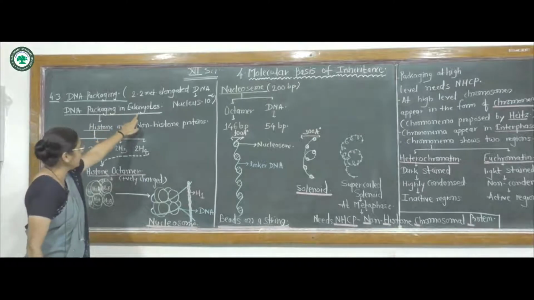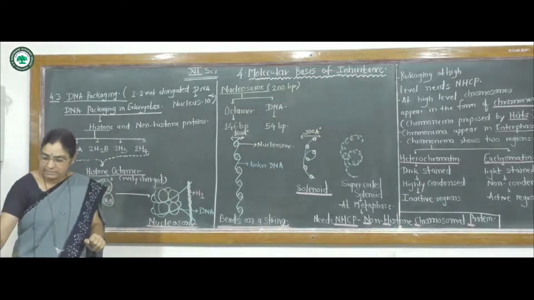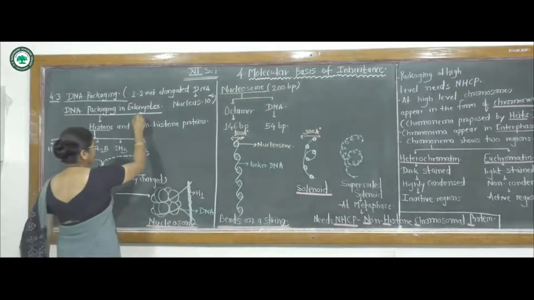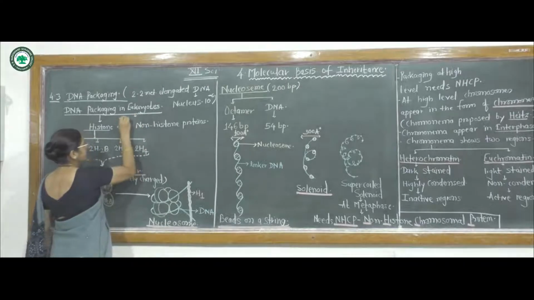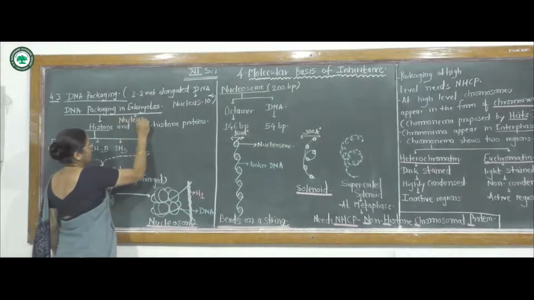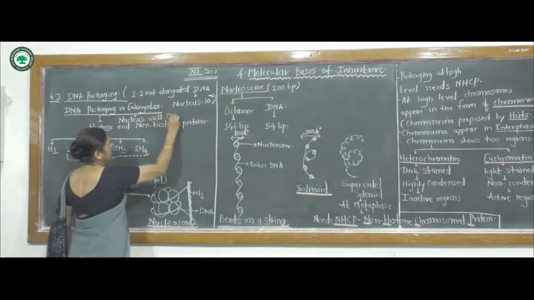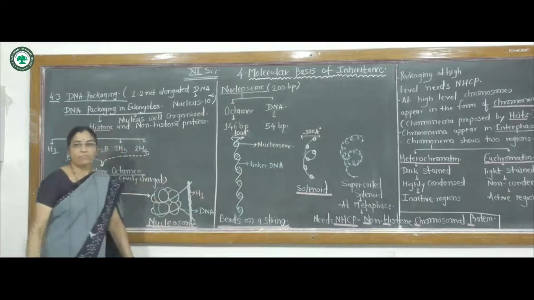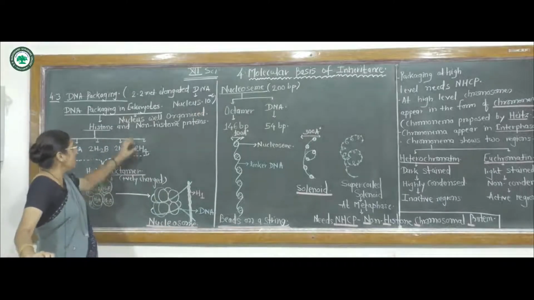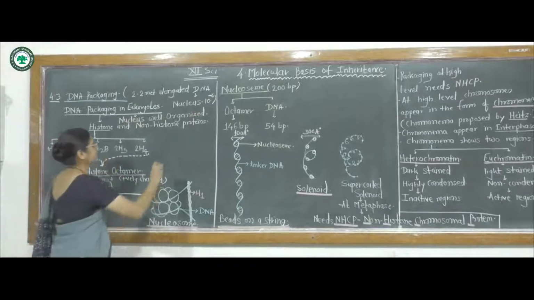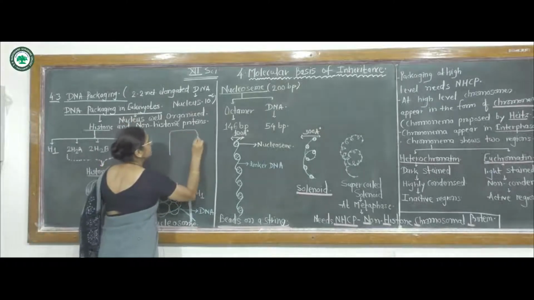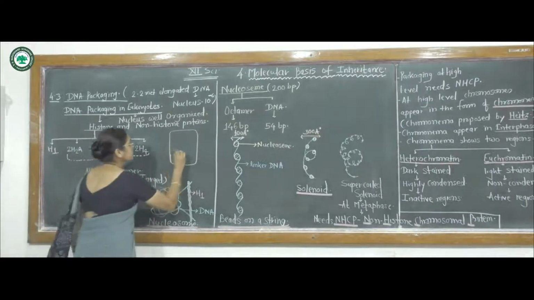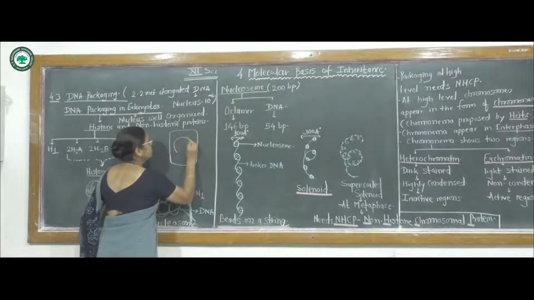The packaging of DNA in eukaryotes. We will again study the meaning of eukaryotes. The eukaryotes are those in which the nucleus is well organized, that means a well developed nucleus. Inside the cell the nucleus is present. The nucleus shows the nuclear membrane.